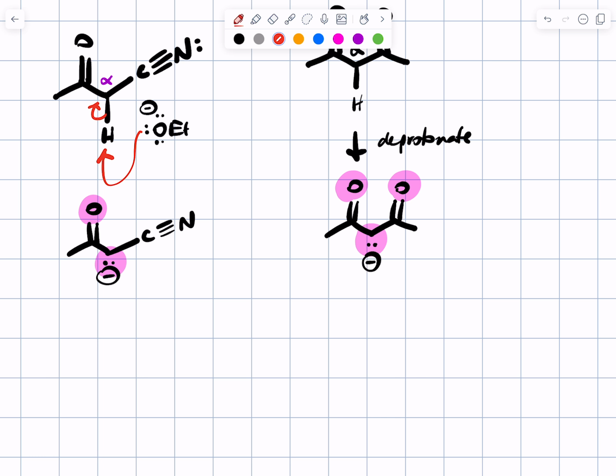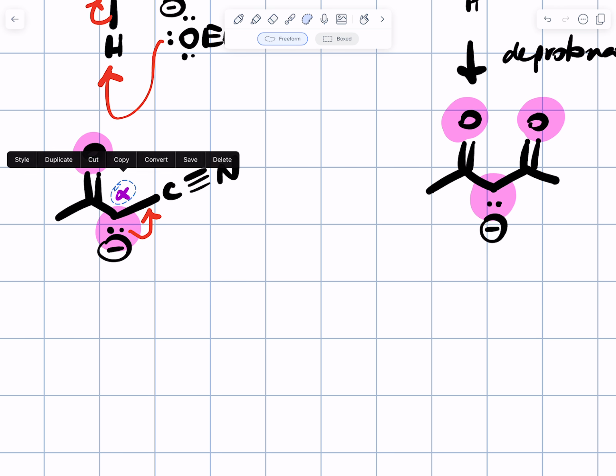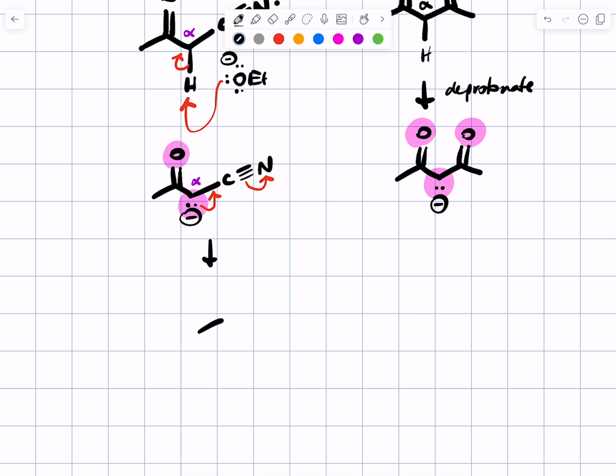Turns out I can also draw the lone pair on the alpha carbon, which is also conjugated with the CN group, such that I can make a pi bond between the purple alpha carbon and the nitrile carbon, and then I would just break one of the pi bonds between carbon and nitrogen, and that will generate this resonance structure.